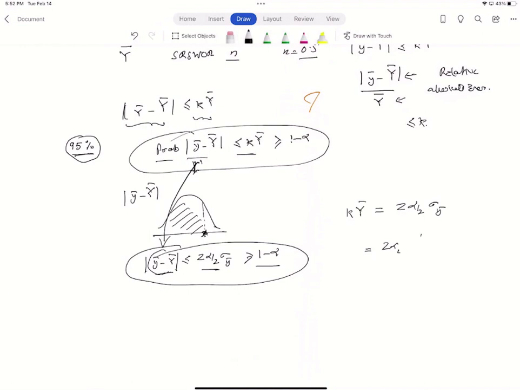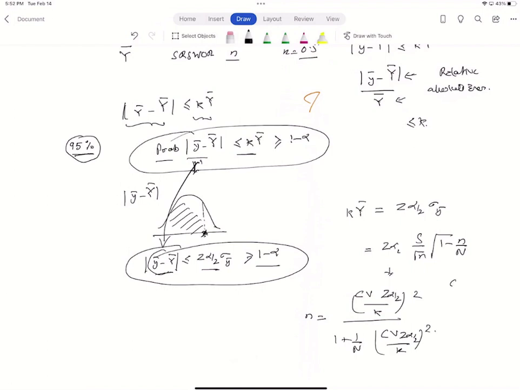Sigma y bar we know is s upon root n times root of 1 minus n upon N, and then we can keep solving this with algebra to get the sample size calculation, which is going to be (CV z half upon k) squared upon 1 plus (1 upon N) times (CV z half upon k) squared.